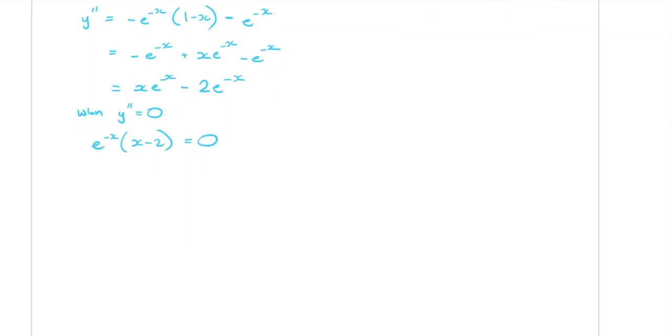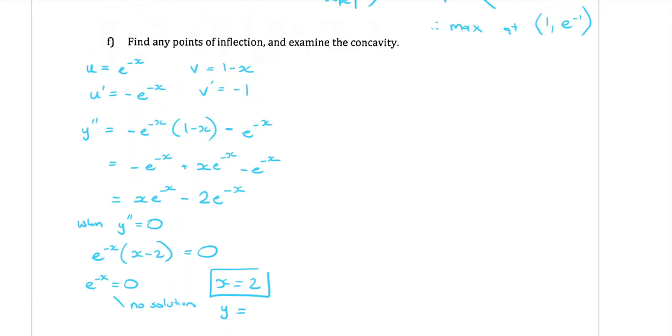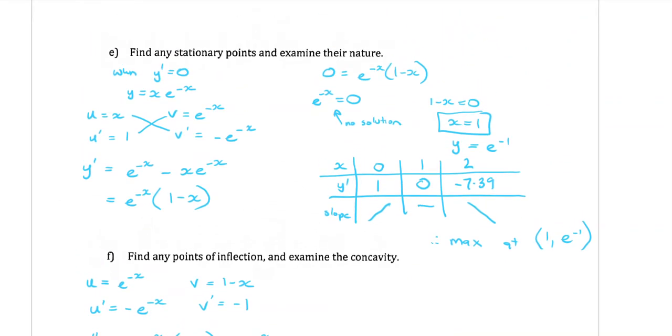Then I can null factor, and e to the negative x equals 0, which yet again has no solution, or x is equal to 2, which is obviously the one that I need. So if x is equal to 2, it's a point. I still need a y value. Sub it back into the original equation, way back here, into there. So it'll be 2e to the negative 2.